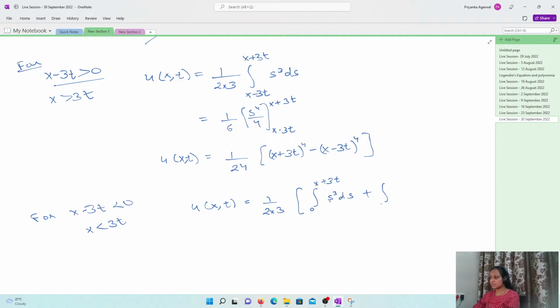But in this case, since it is an odd function, we can break this integral into 2. So we can actually write it as x minus 3t to 0 and then 0 to x plus 3t, right? And then if you see, this is 1 by 6.